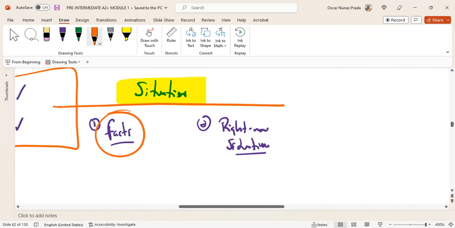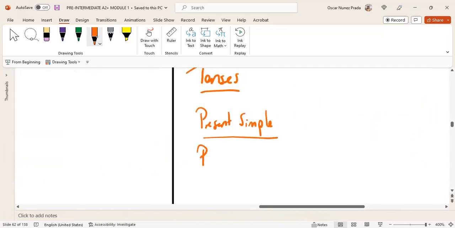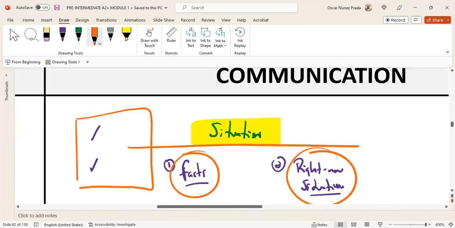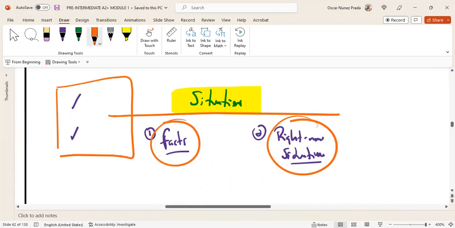And right now situations is present progressive. Okay, we're going to talk about this in a second. Let's continue here. Now, you can also use different situations, okay? But so far, let's say we have these two.